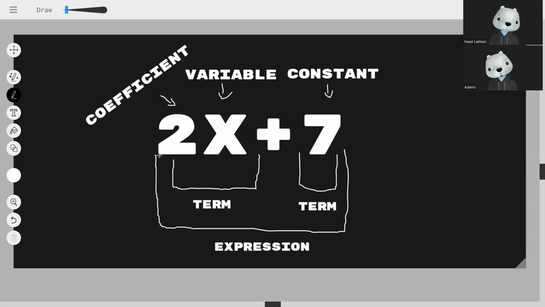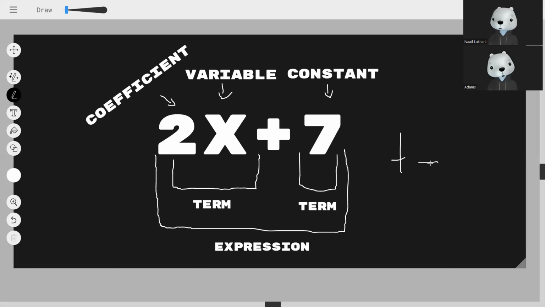Okay. So first things first, this whole thing is an expression. Since there's an addition sign, there are two terms: one term and the second term. Now, what are terms? Terms are basically these things which are separated with a plus or minus sign.